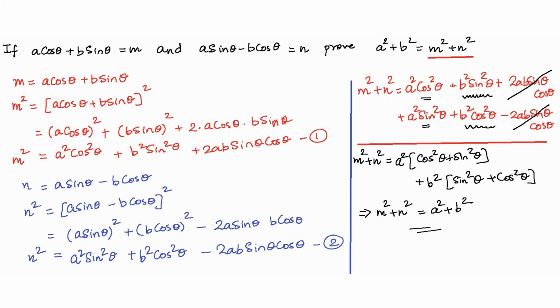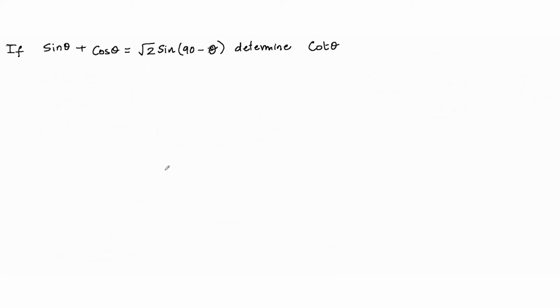Okay, moving on to the next one. If sine theta plus cos theta is equal to root 2 times sine of 90 minus theta, then determine cot theta. So if I were to solve this particular question, let me just remind myself of what is cot theta.